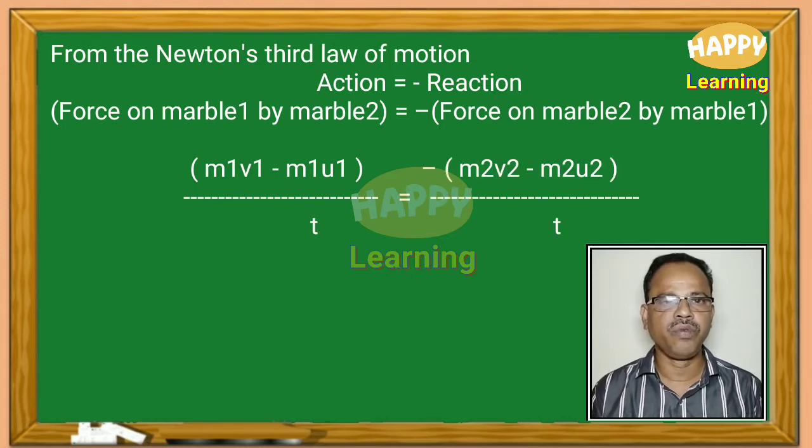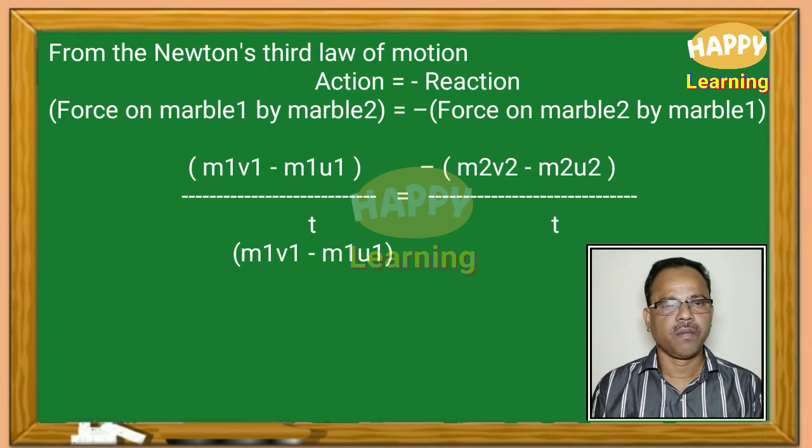It is m2 v2 minus m2 u2 divided by t. Right? Now both the sides you can cancel the denominator t. Then you get m1 v1 minus m1 u1 is equal to minus of m2 v2 minus m2 u2.